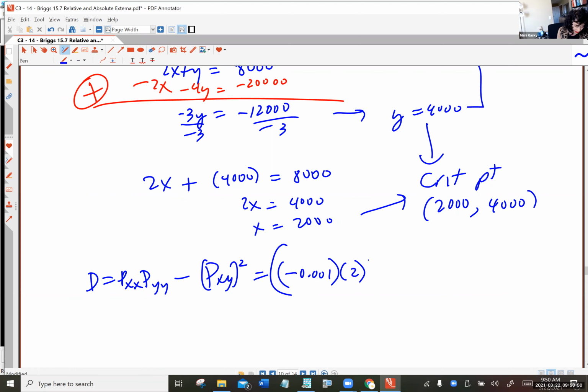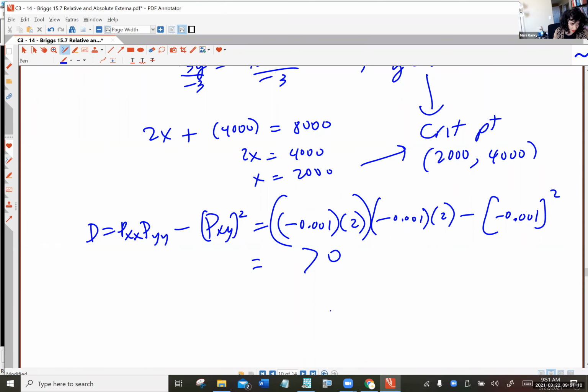And then my Pyy is negative 0.001 also times 2. And then minus, and then my Pxy is simply negative 0.001. It's also a constant. So what happens here is your D is going to be positive. You can check me out on this. But Pxx is negative.